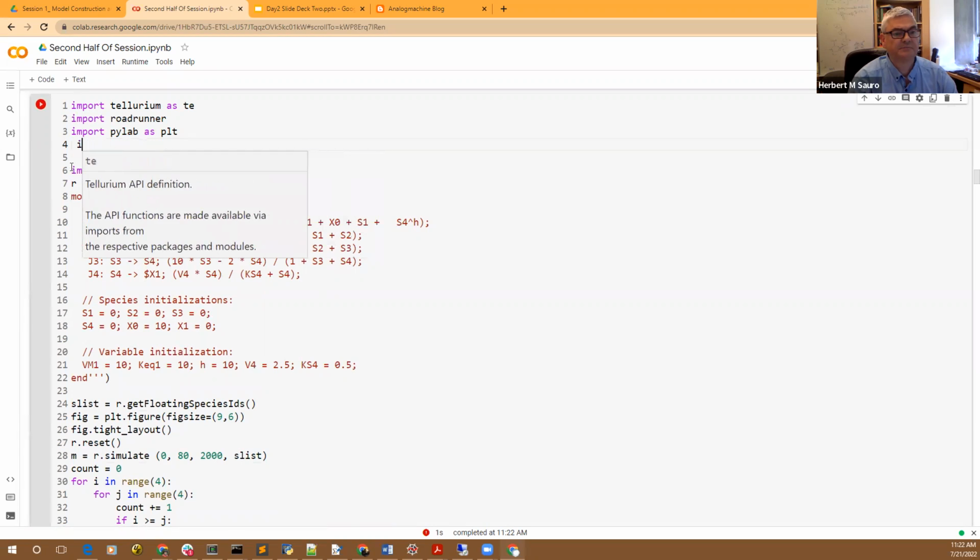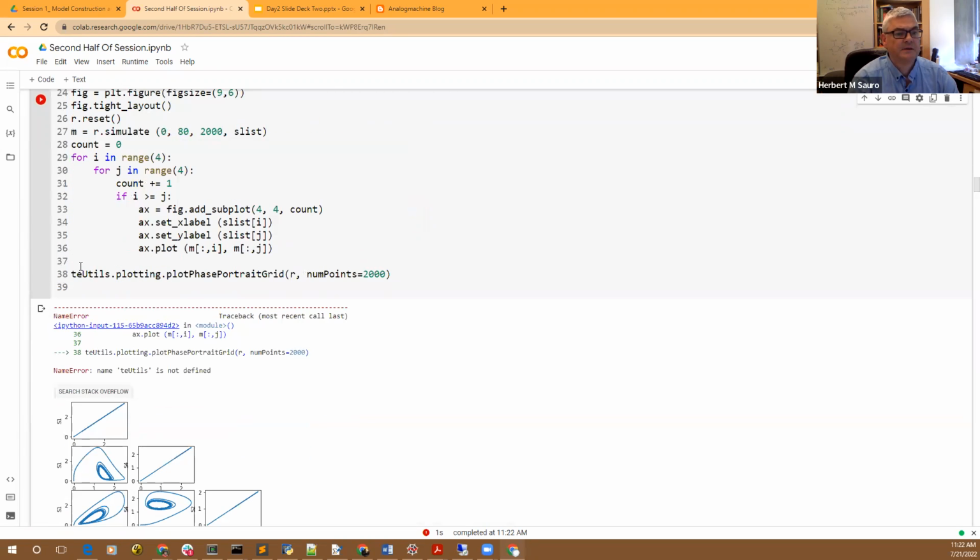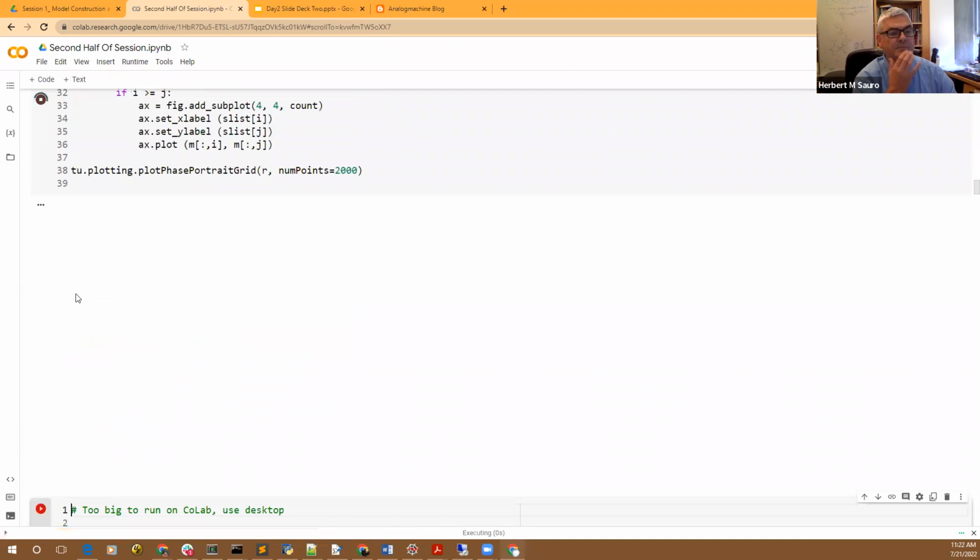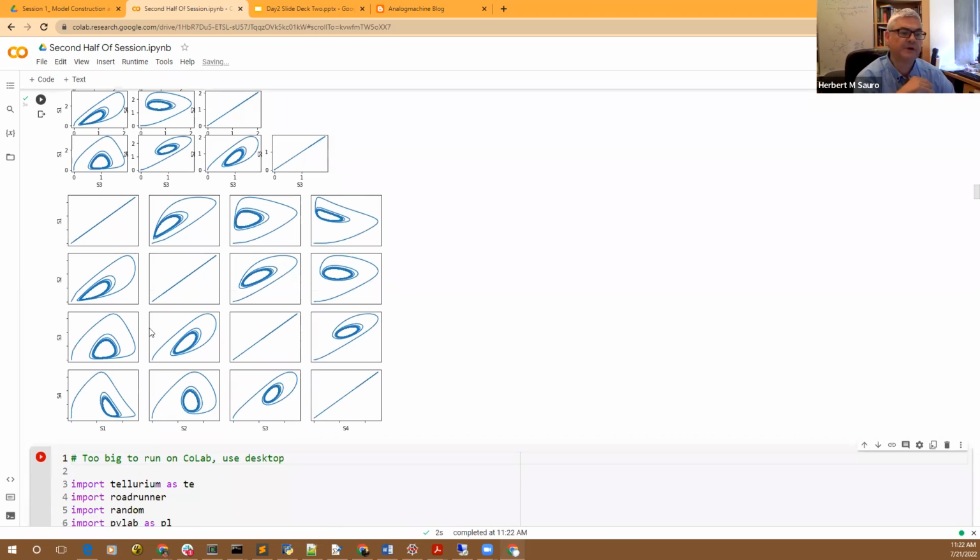Okay, now I've got the right labels, but it doesn't cut off the top. Notice there's a mirror image: that one there is the same as that one there. And the straight line in the middle is just the same metabolite with itself, so of course it's perfectly correlated with itself.